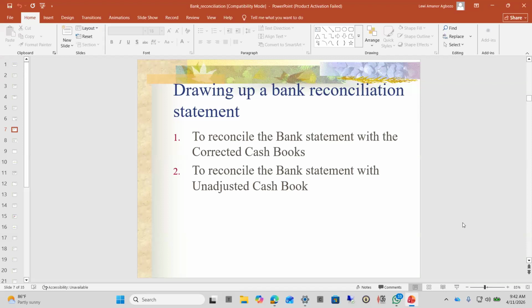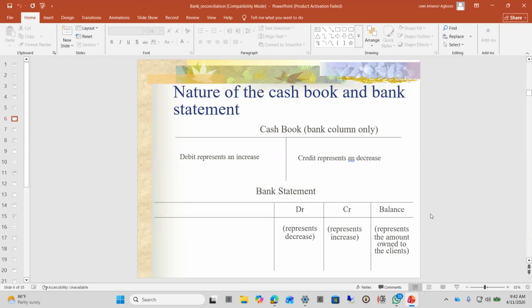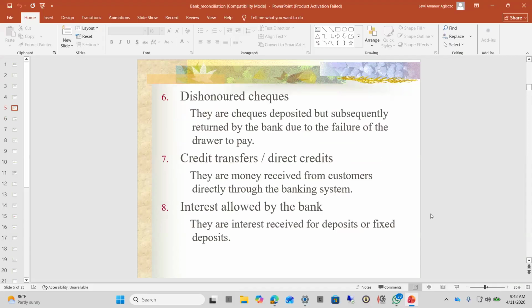Please, in the previous slide, you mentioned dishonored check. So here the drawer is the one who has issued a check. Yes.